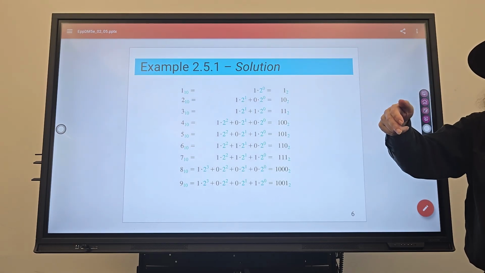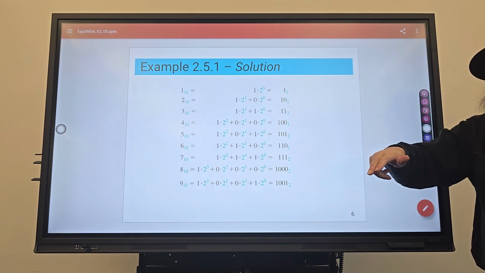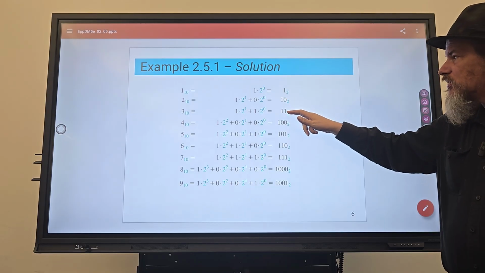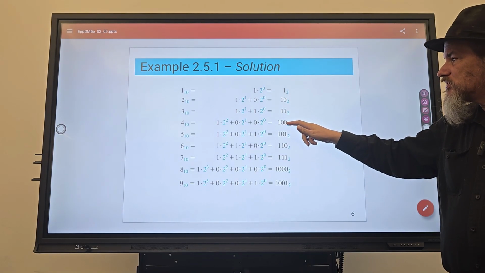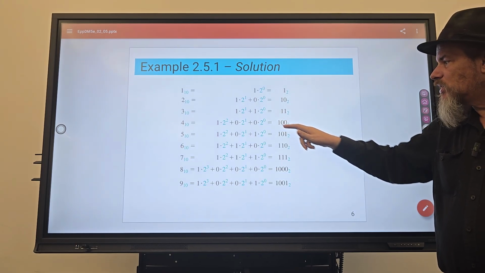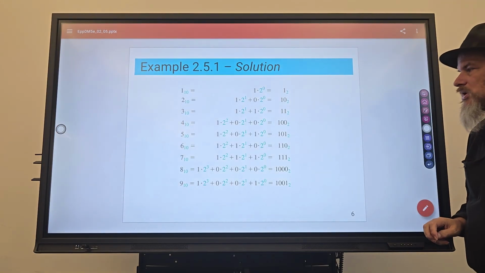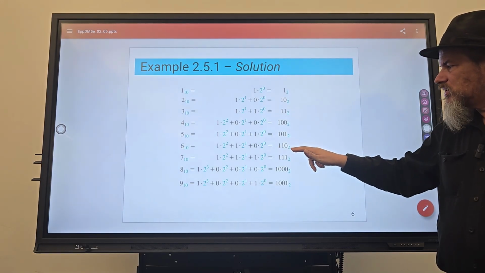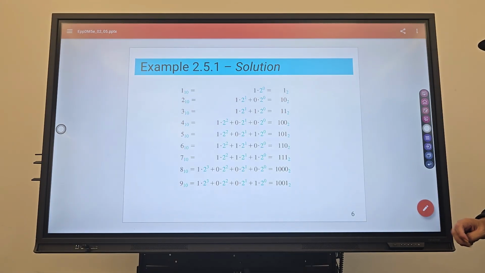You carry the 1 into the next column and roll over back to 0. So 1, 10, 11. Roll over to 0. That rolls over to 0, and the 1 is carried into the third position. Then 100, 101, 110, 111, and so forth.